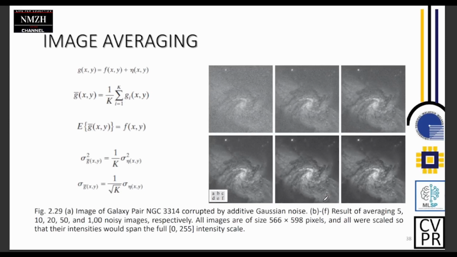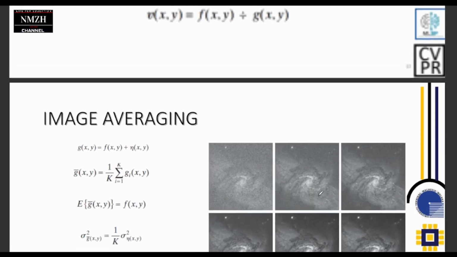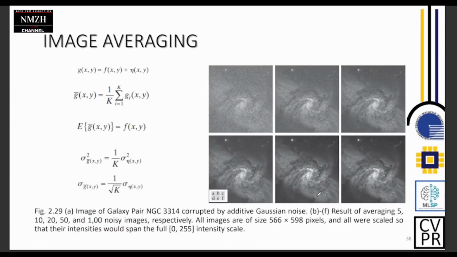Okay, image averaging is a very powerful tool. Because in the normal perspective of image processing, we are always trying to avoid noise. So this image contains noise, right? This one is the original image, this one is the noise, and this one is the output image.